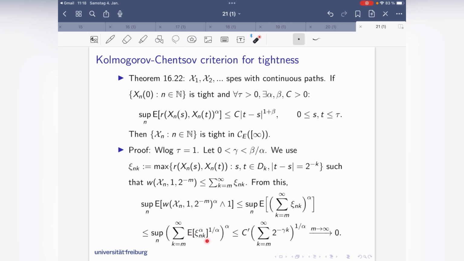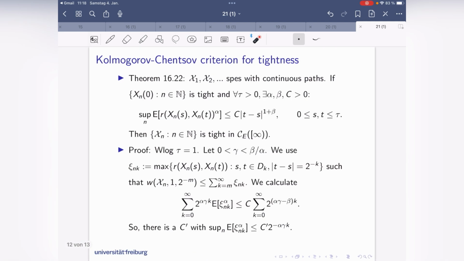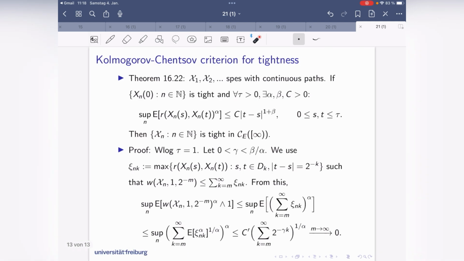For this expectation here, I know it's bounded above by c prime 2 to the minus alpha gamma k. To the power of 1 over alpha is this thing here. But gamma is positive, which means that this thing here has a sum.